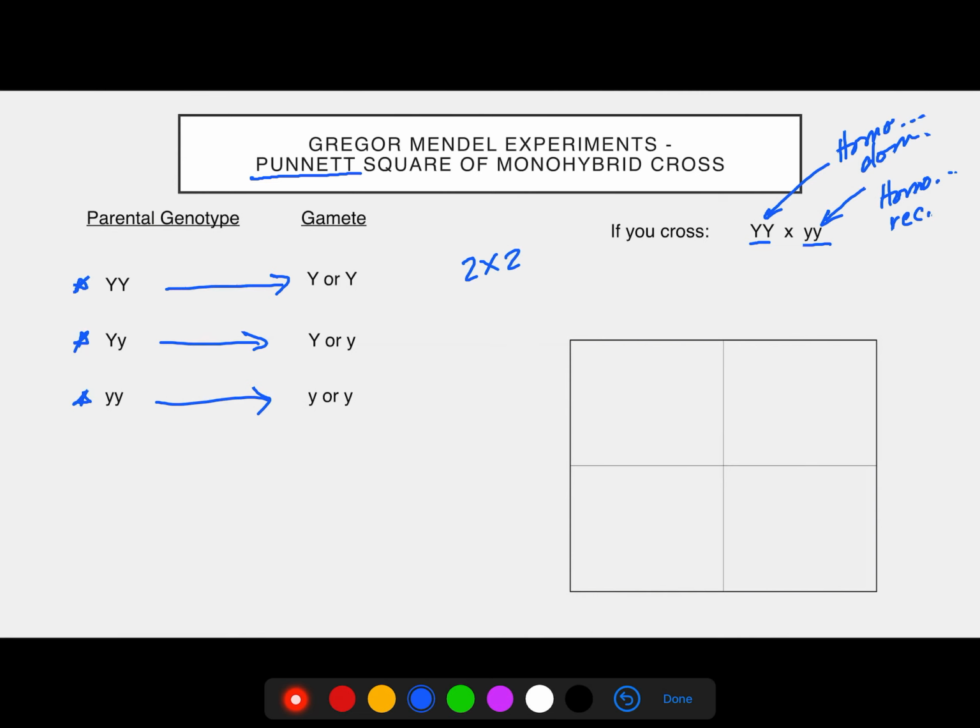You'll figure out the possible gametes from the first parent, and then you'll put that gamete as a label for a column.